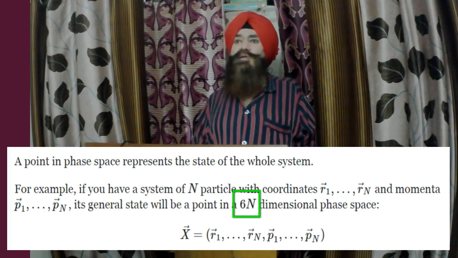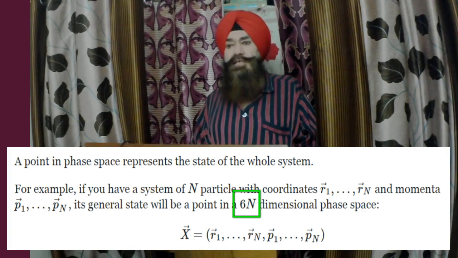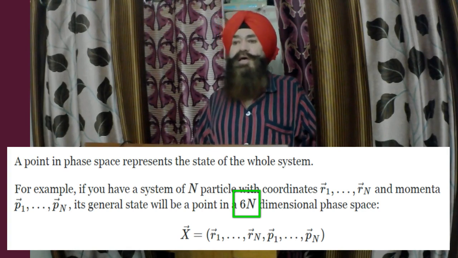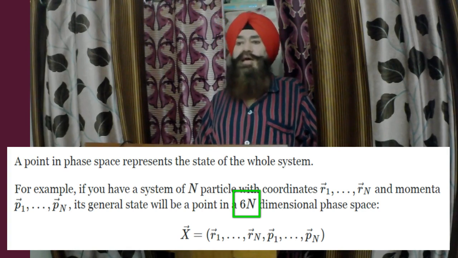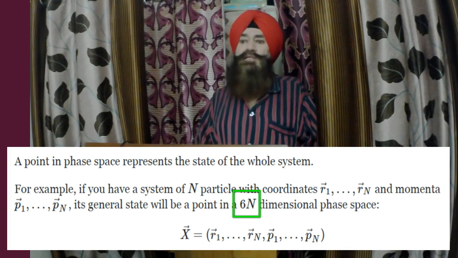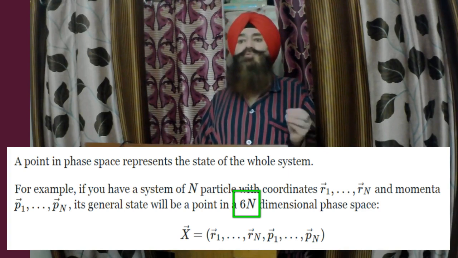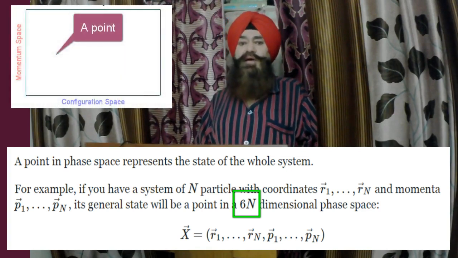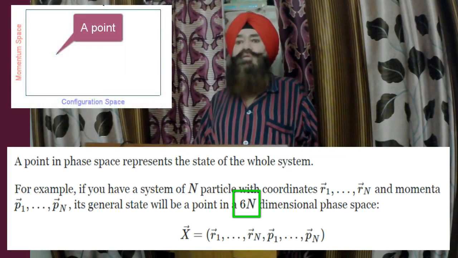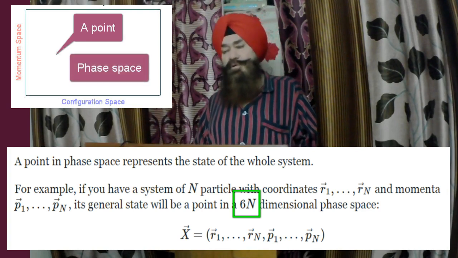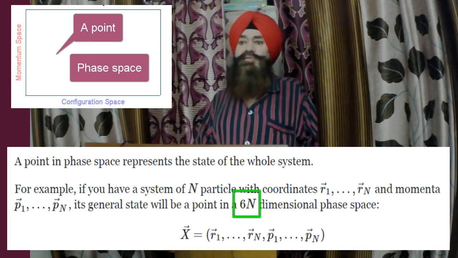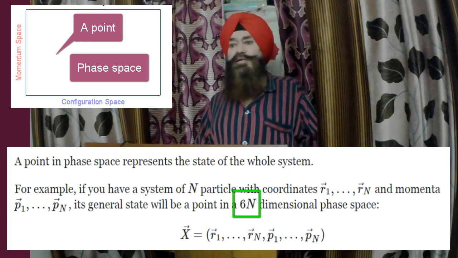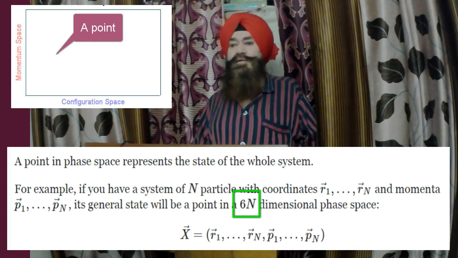We are familiar with three-dimensional space and the six-dimensional phase space of one particle, and with n particles it is 6n. That point represents r1, r2, up to rn, and p1, p2, up to pn.